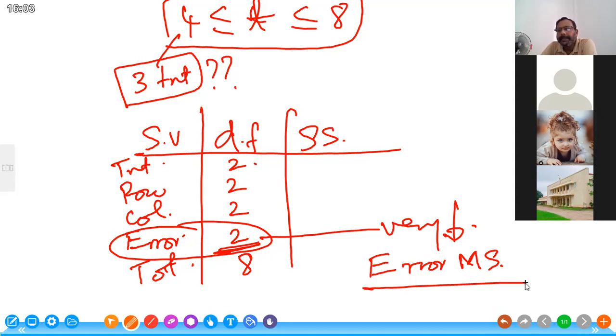Peony? Is high. Error degrees of freedom will go up. If error degrees of freedom go up, what will happen to our experiment? I explained a little earlier. What will happen if the error degrees of freedom goes up? Vidusha?